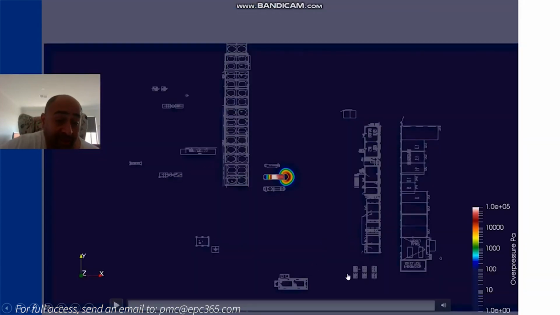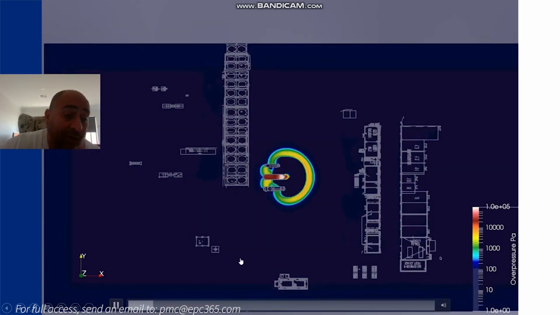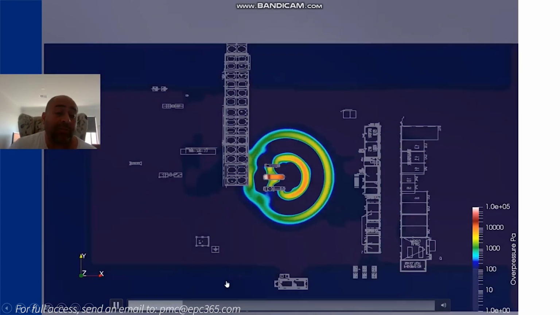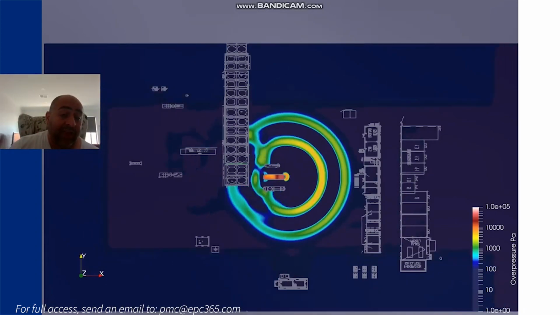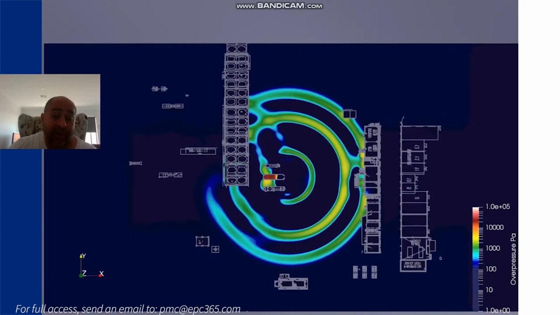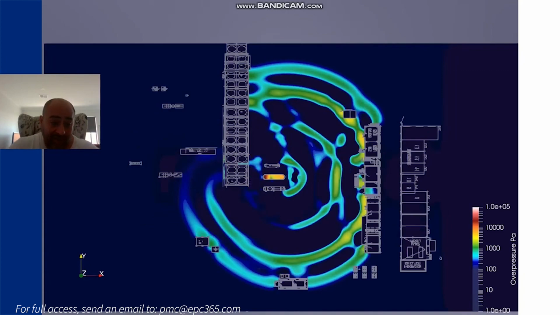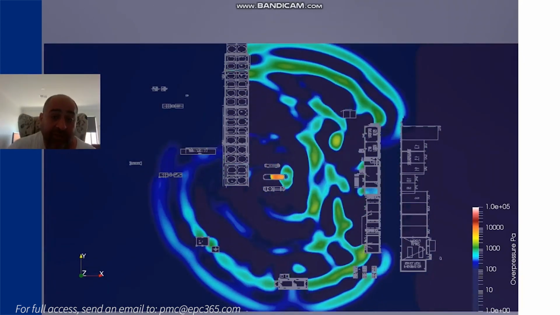This is a BLEVE in an industrial facility. This is a tank undergoing a BLEVE. I think, to my knowledge, Explo CFD is the only software in the world that actually models an ignition of a flashed flammable vapor on top of the BLEVE. So the BLEVE is actually the rupture of the tank, and there's a flash and an overpressure that's created.